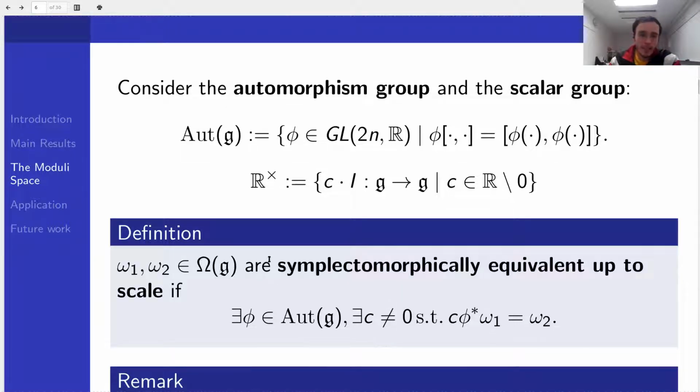We say that two forms, omega1 and omega2, are symplectomorphically equivalent up to scale if, as we expected, we take the pullback and multiply by a non-zero constant, and then we get the other one.